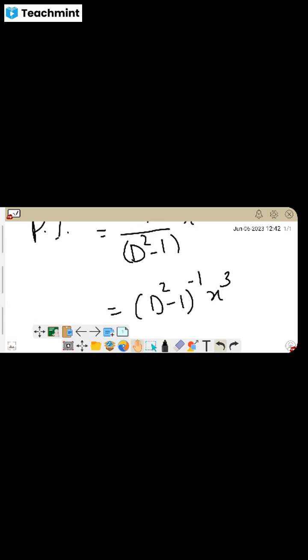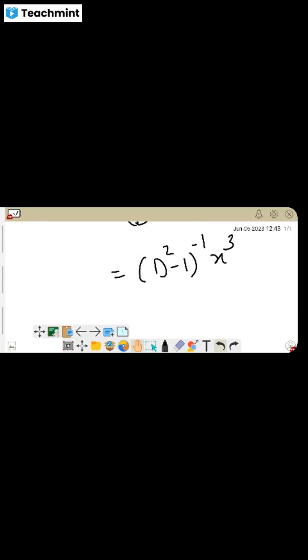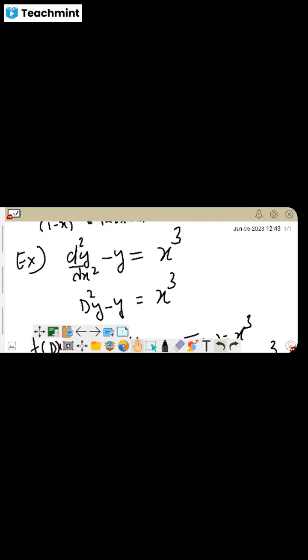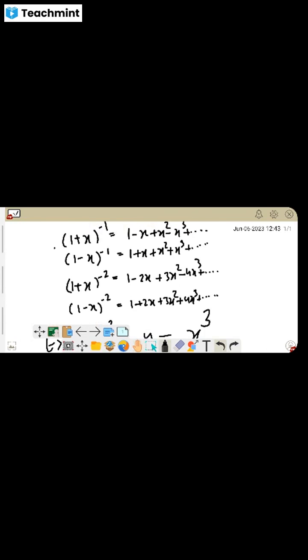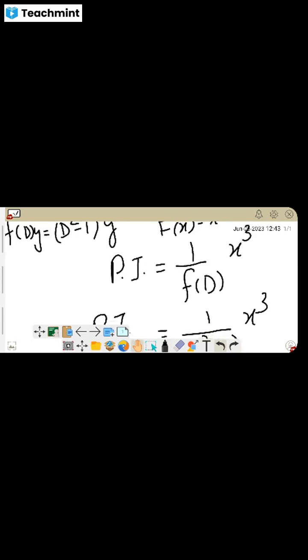Or you can replace this, because we need to take this form: first we need to take 1, then the other value. So let us replace.